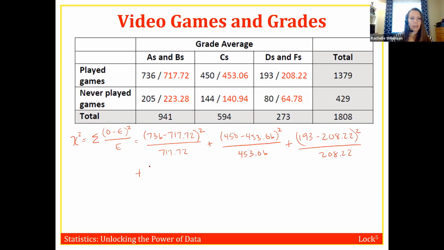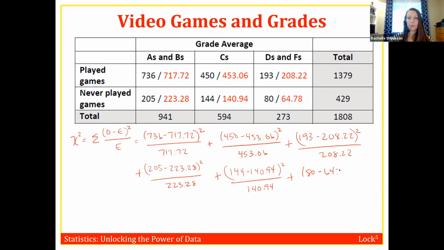This next one, I'm going to have 205 minus 223.28, square that and divide by 223.28, plus, now I'm in the middle on the bottom here, so I have 144 minus 140.94, square that and divide by 140.94, plus, now I made it to the last one here, so I'm going to have 80 minus 64.78 squared, then divide that by 64.78.